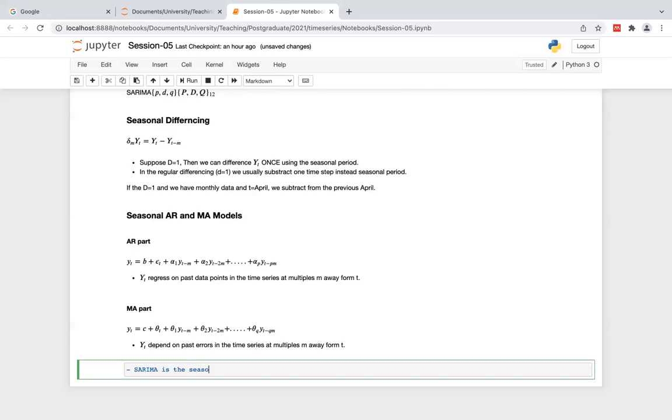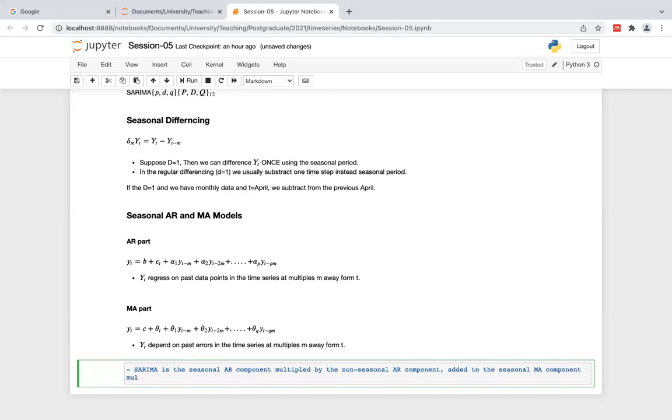Seasonal AR component, which is multiplied by the non-seasonal AR component, added to the seasonal MA component, multiplied by the what?